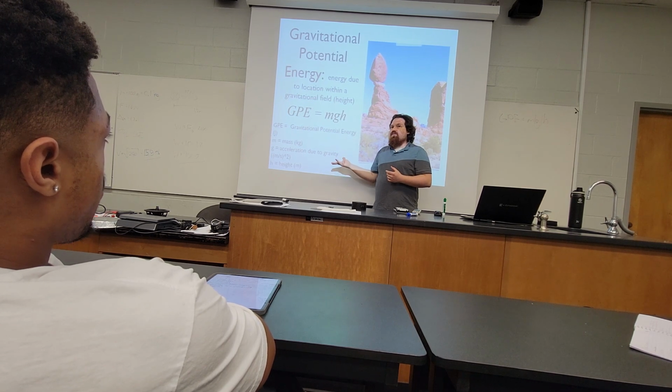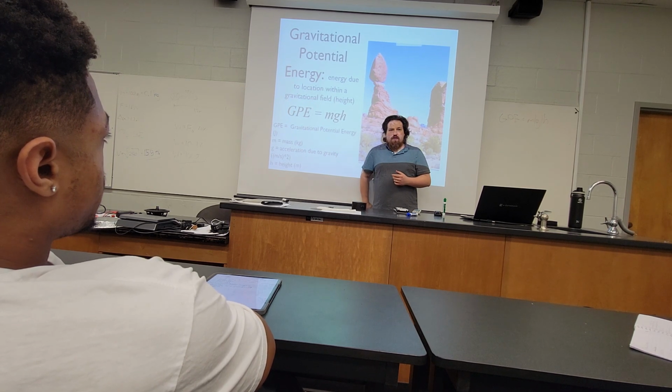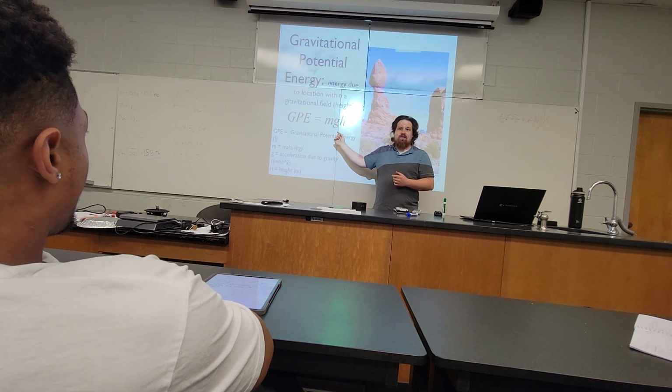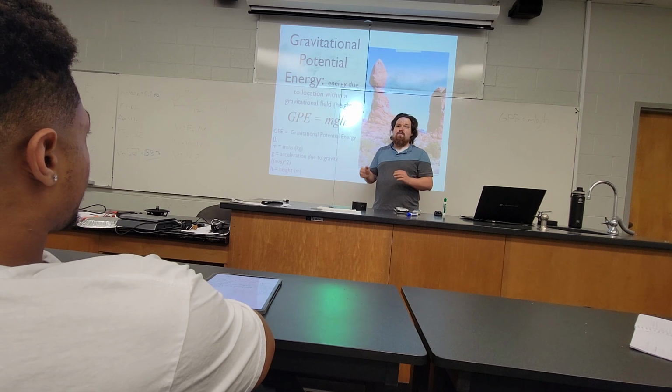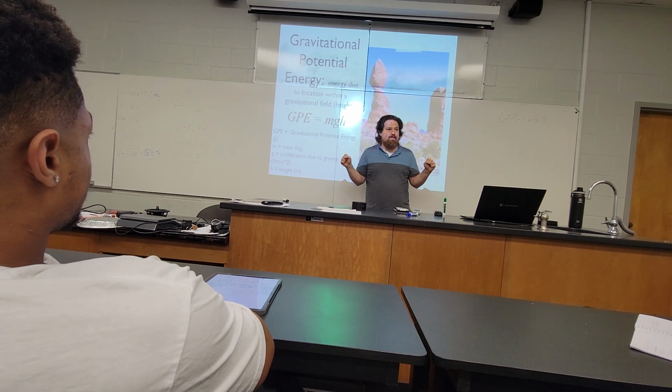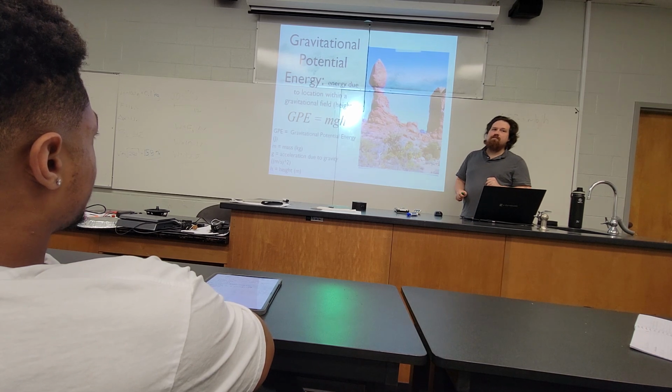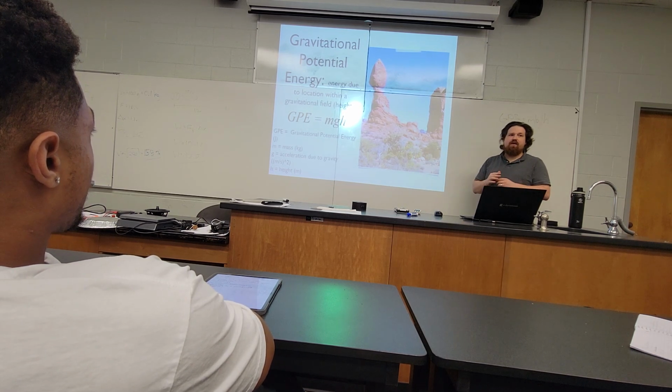Now, that's kind of hard to summarize on your formula sheet. So instead, I recommend writing absolute value brackets, just to make sure you don't put that negative in there. That's the second way of thinking about it.